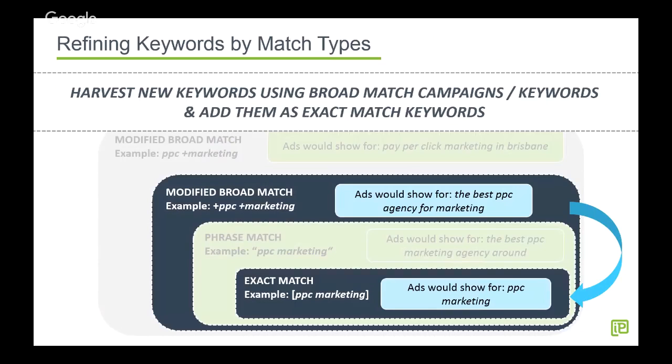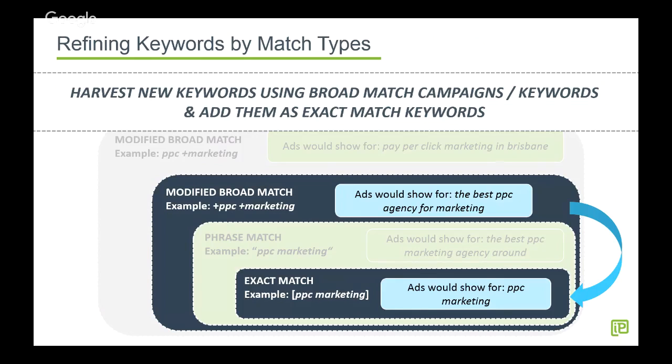So finally, in terms of refining your keywords by match types, there's different match types you could use, everything from broad all the way through to exact. I would recommend using broad match modifier and exact match structure. Potentially just cutting out broad completely and also overlooking phrase where possible.